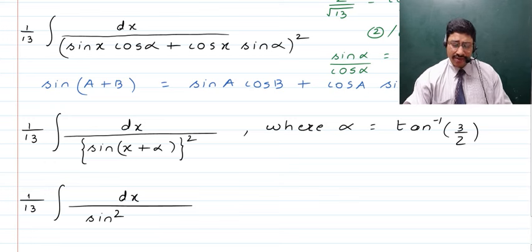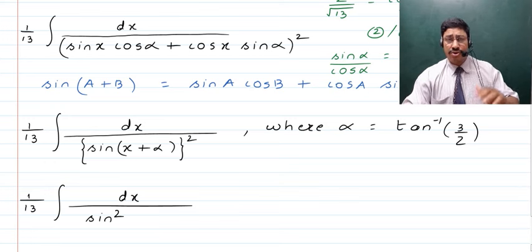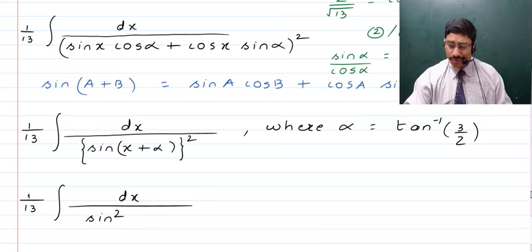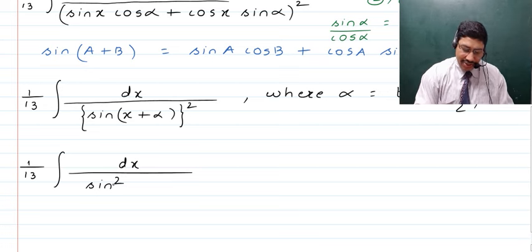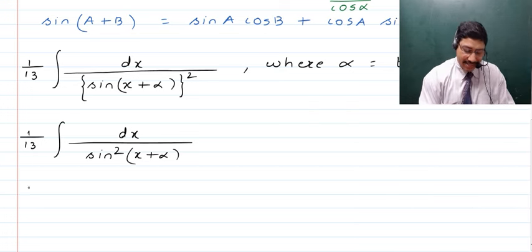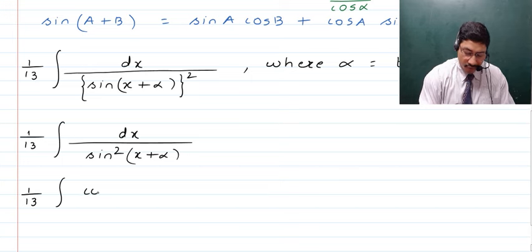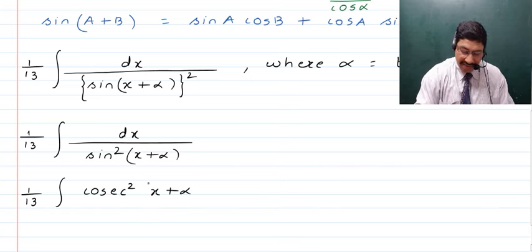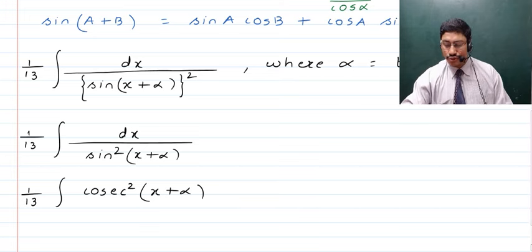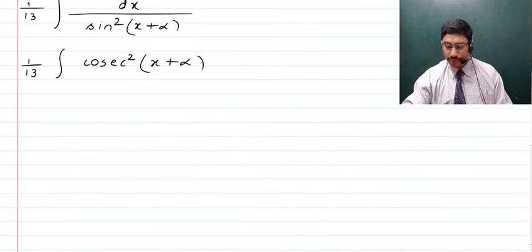And since we have a square of this, when it goes over to the numerator, that is sine square theta, it becomes cosec square theta. So as such, here we have sine square x plus alpha, and since you know that 1 upon sine is the same as cosec, here we will have 1 upon 13 times the integral of cosec square x plus alpha, where alpha obviously is known to be tan inverse of 3 upon 2.